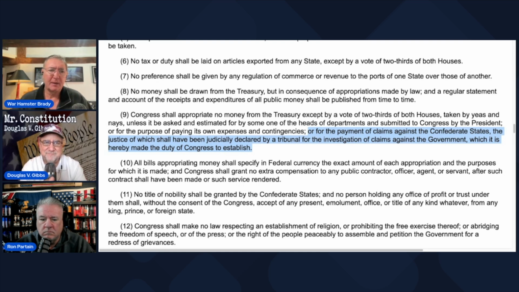You want to elaborate on that a bit, Doug? I think it's an important point. In what way? Well, exactly what was going on, what was the injustice they were seeing, and why did they feel it necessary to enshrine this into their Constitution? Well, a lot of that goes back to the railroads. A lot of that goes back to what was going on with public monies and how they were being spent in an unconstitutional manner.